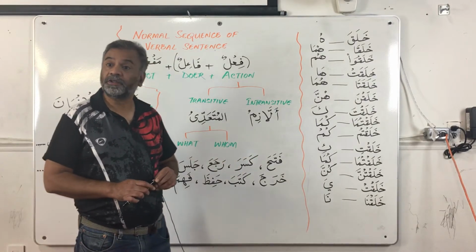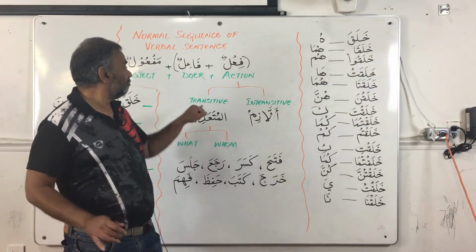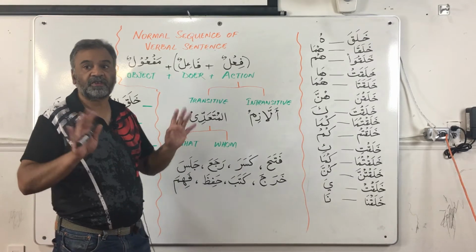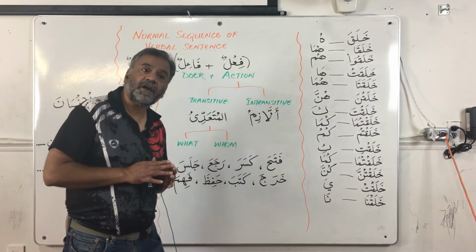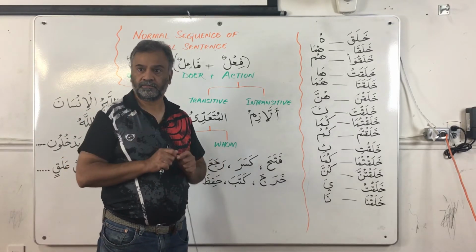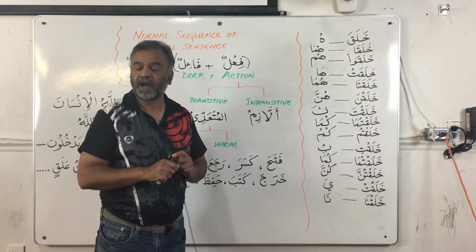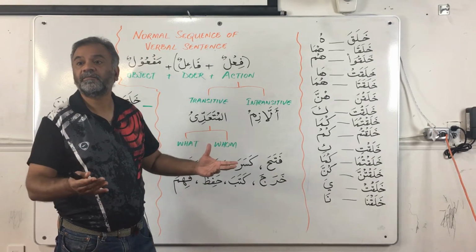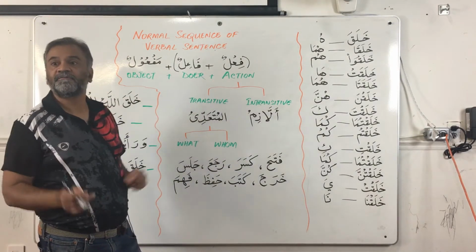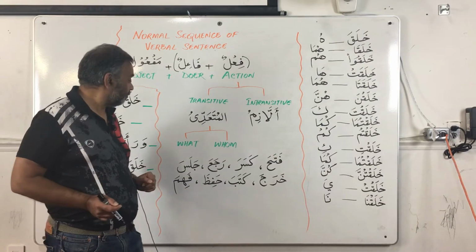Fataha means he opened. He opened what? Transitive. Kasara. What is the meaning of kasara? He broke. Right now, apply what or whom. He broke what? Transitive. It makes sense, right?